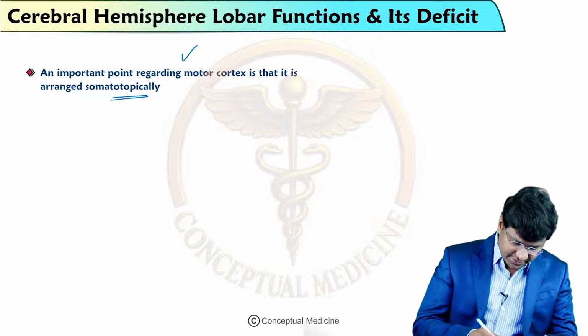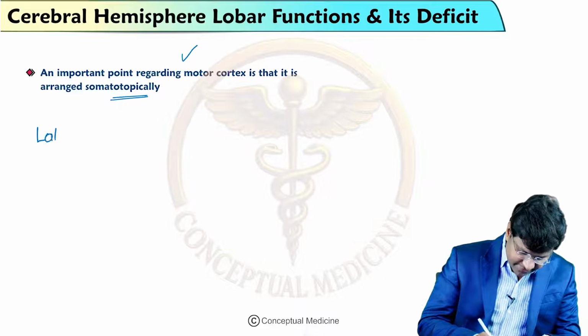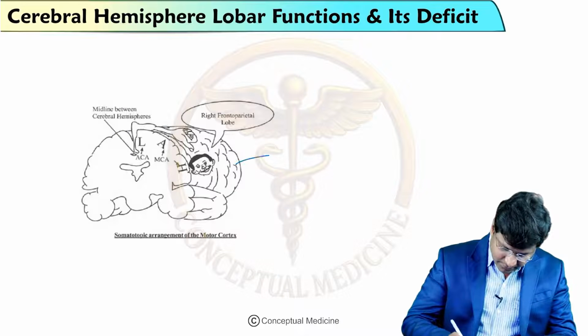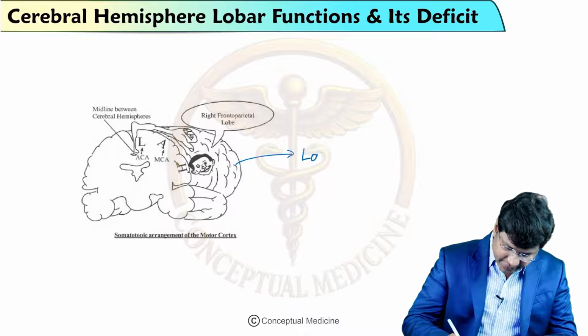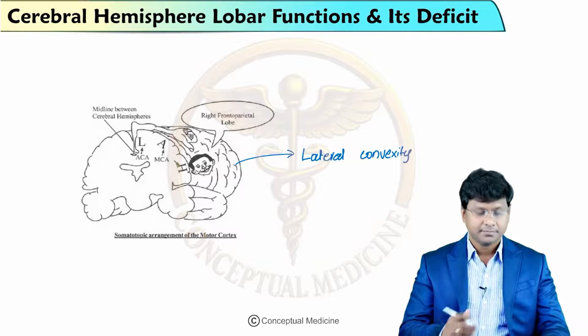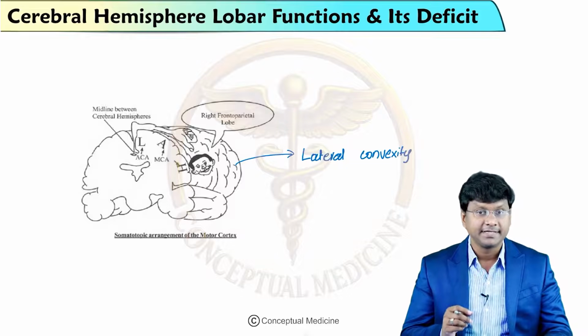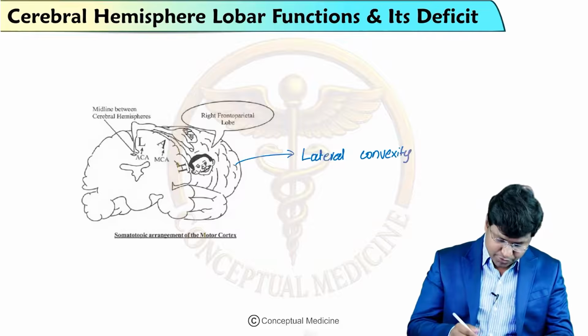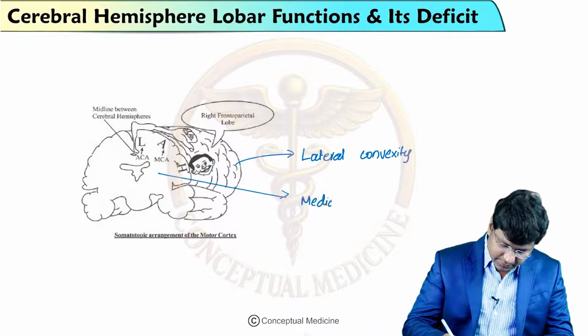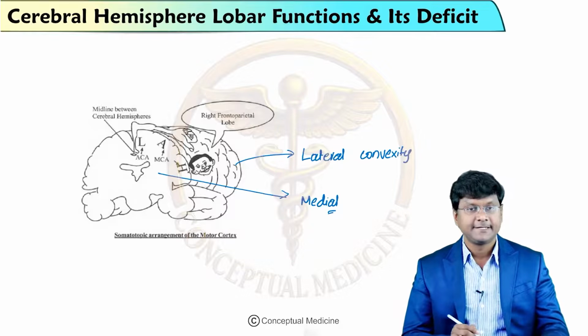So we have the lateral convexity of the cerebral hemisphere, followed by the medial most part of the cerebral hemisphere.